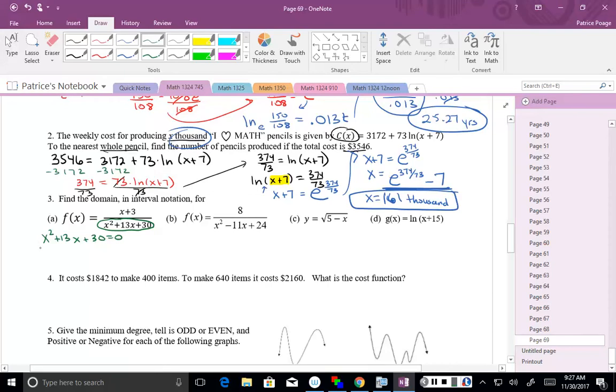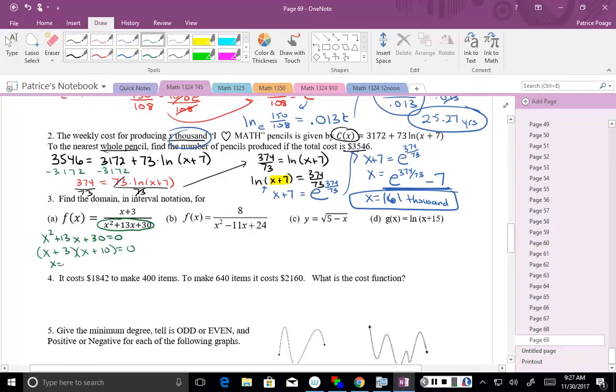One way is factoring. If you are good at factoring, or you like to factor, or you just see how it factors, this could be your way. But if it's not your way, don't freak out. I'll show you another way. So I needed 2 things that multiply to give me 30, but add to give me 13. So I have x plus 3, x plus 10.